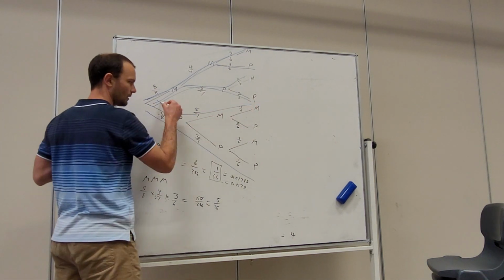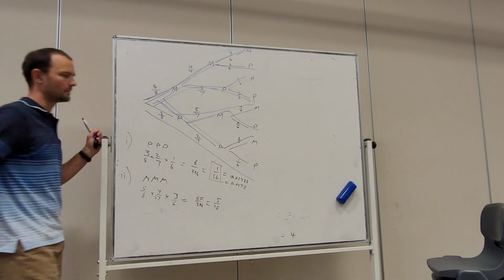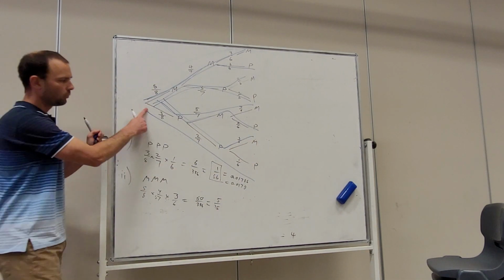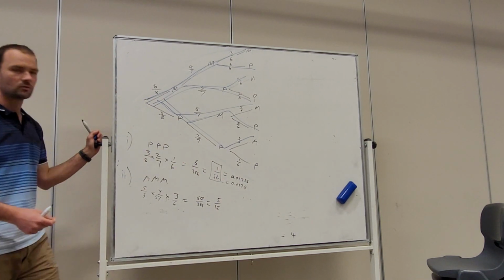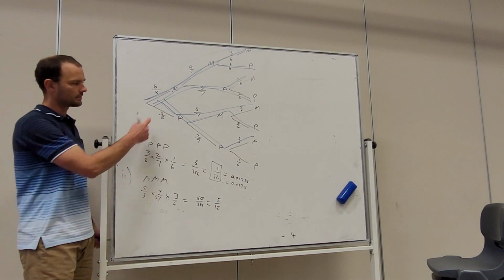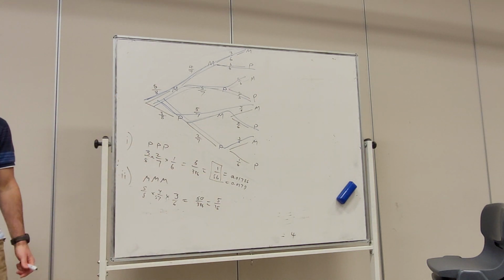Here you've got at least 1 Mars bar, here you've got at least 1 Mars bar, here you've got at least 1 Mars bar. There's only one path where you don't get at least 1 Mars bar, and that's the circumstance where you get 3 protein bars.